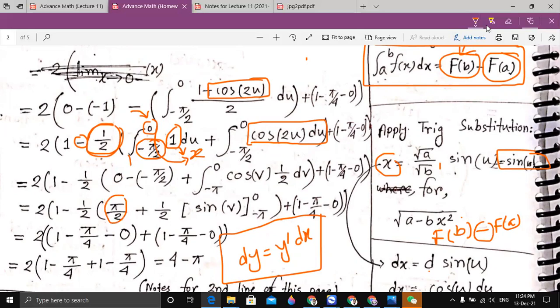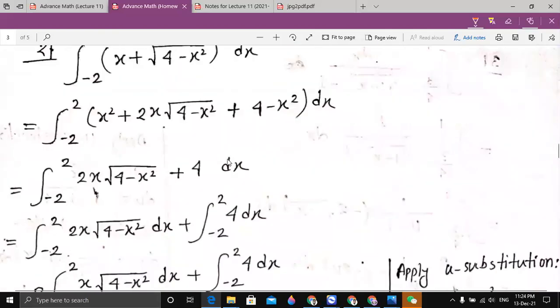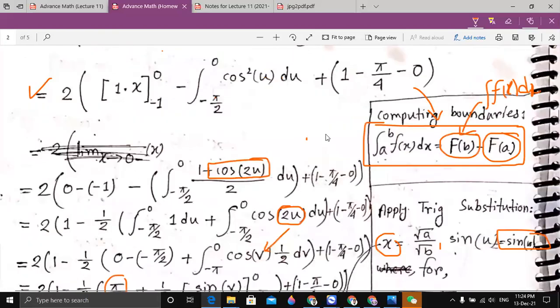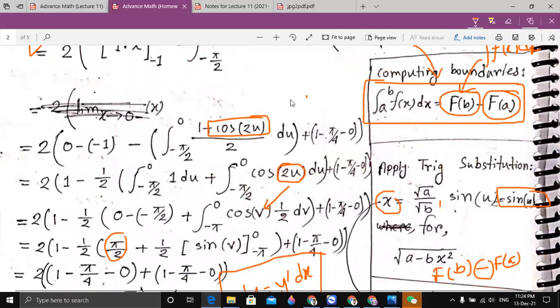And for this part, this is cos 2u du, right? So again we have to use the substitution rule here, okay? Because we know how to calculate cos u, but we don't know how to calculate cos 2u. So again, 2u is equal to our v. Here v is equal to 2u, right?